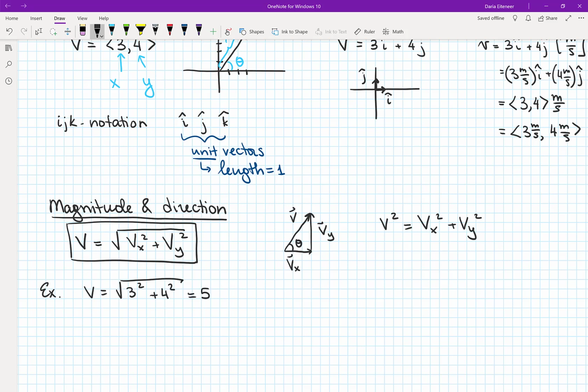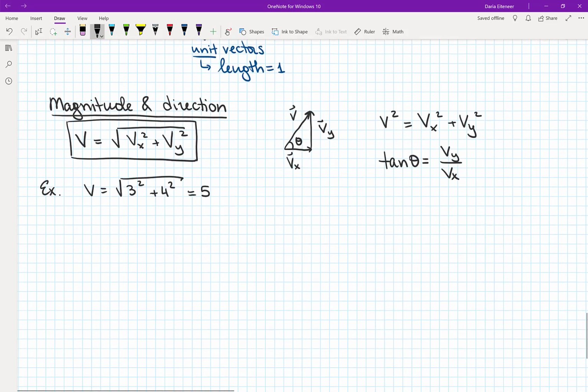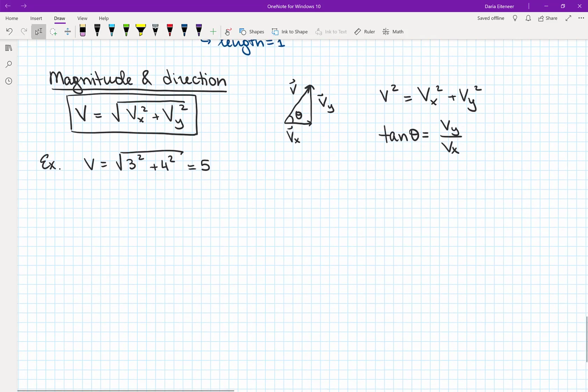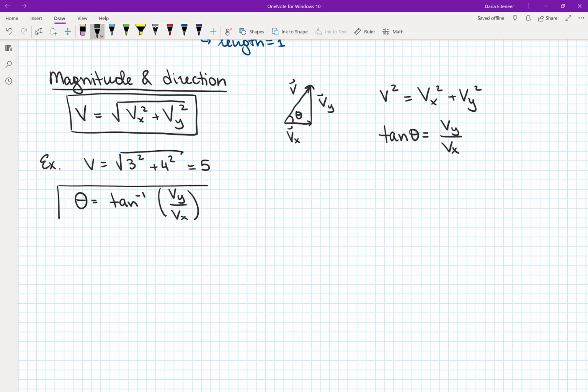Also going back to my triangle here, I could write tangent theta equals the opposite side over the adjacent side. That's also fairly easy. Except I'm also not going to write that as a final direction. I'm going to write theta equals inverse tangent of the y component over the x component.